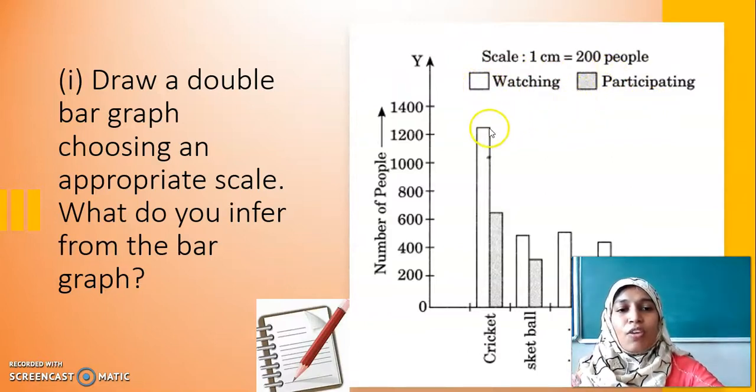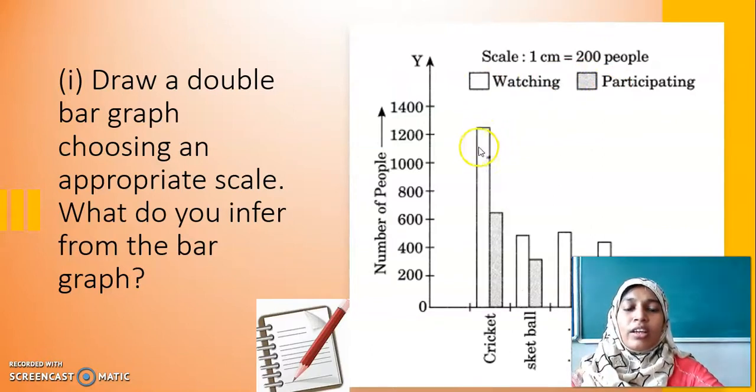You can make use of any two different types of shading: dots, curves, straight lines, horizontal lines, vertical lines. You can use any two different types, only two, my dear children, don't go in for multiple. If you use horizontal line shading for watching, all the watching bars of all the sports should have horizontal lines. Is it clear, my dear children?